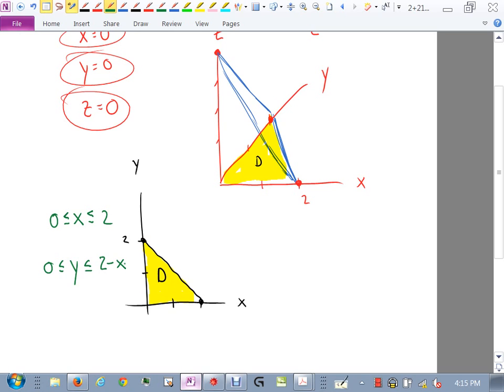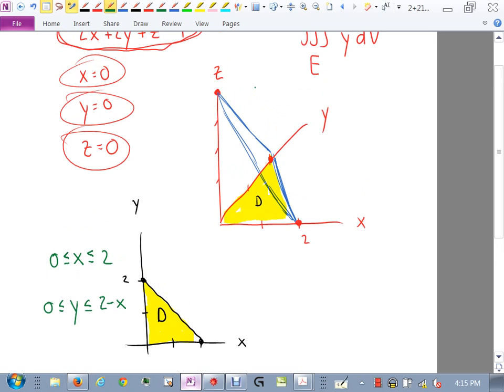Now, because it's a triple integral, I need to figure out the restriction on my z. Look at this tetrahedron. That shadow was cast down, right? What is the top and what is the bottom? Do we all agree that this is the top and the bottom is right under there, the floor? The top is the plane. Solve for z.